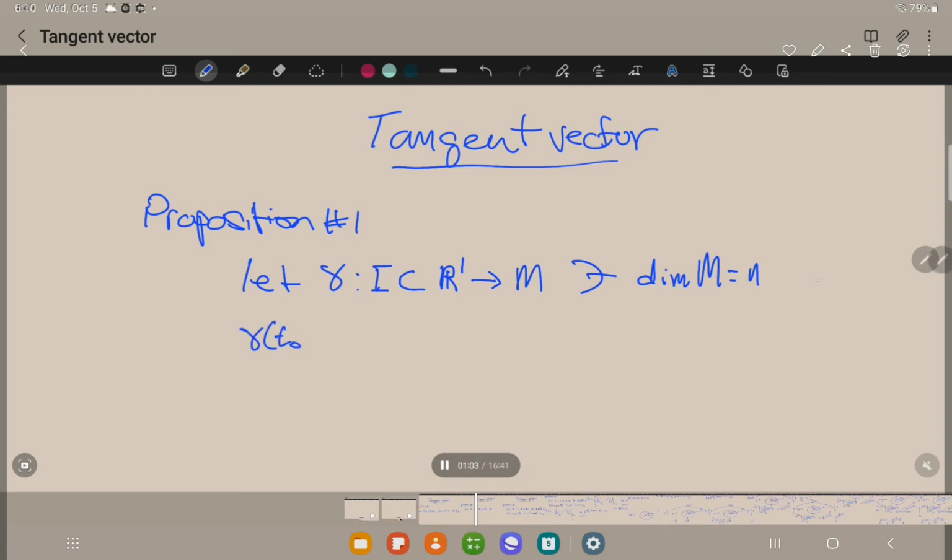To be more precise, gamma of t0 is a point on M. So that's the starting point. And t0 is in the subset I, which is in R1.